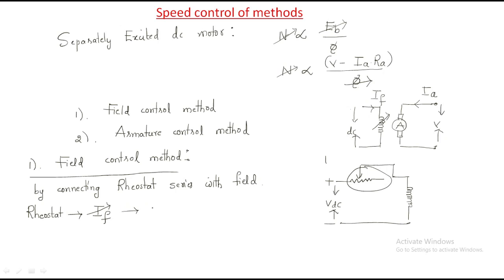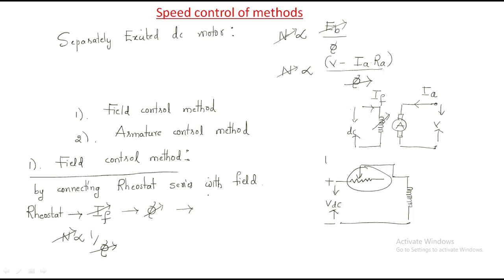And field current varied means the flux will vary. Whenever the flux is varied, the speed is inversely proportional to the flux. The flux varied means speed is varied. Then speed control is possible.